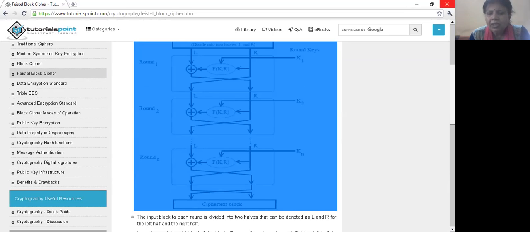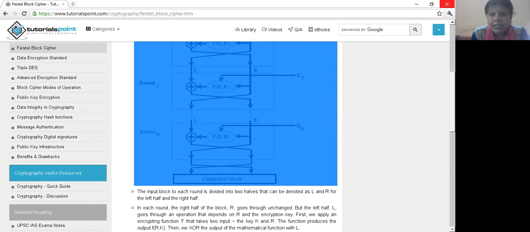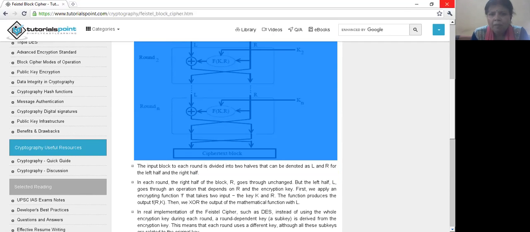The input block to each round is divided, and I'll just repeat it once again. The input block to each round is divided into two halves. That can be denoted as L and R for the left half and the right half. Clear? In each round, the right half of the block R goes through unchanged, but the left half goes through an operation that depends on R and the encryption key.